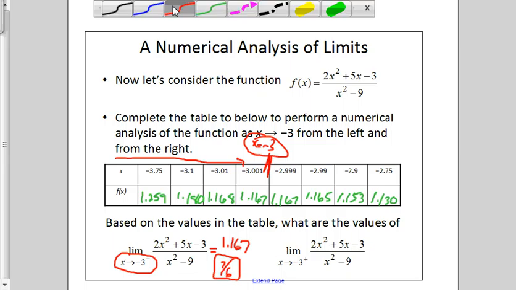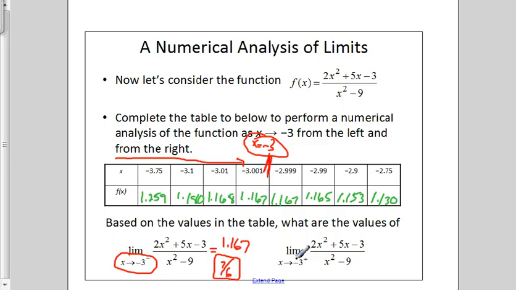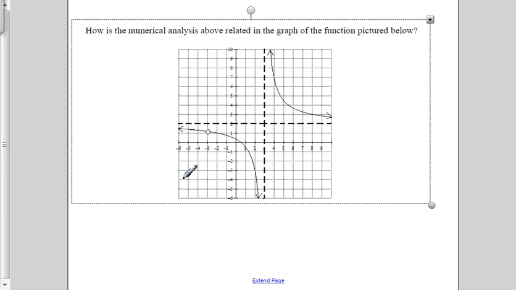Now we want to look at approaching negative 3 from the right. So it's starting over here, coming in from the right. And same thing, it looks like it's approaching 1.167, which, once again, is 7 over 6. Now let's just look at the graph. What does that mean?